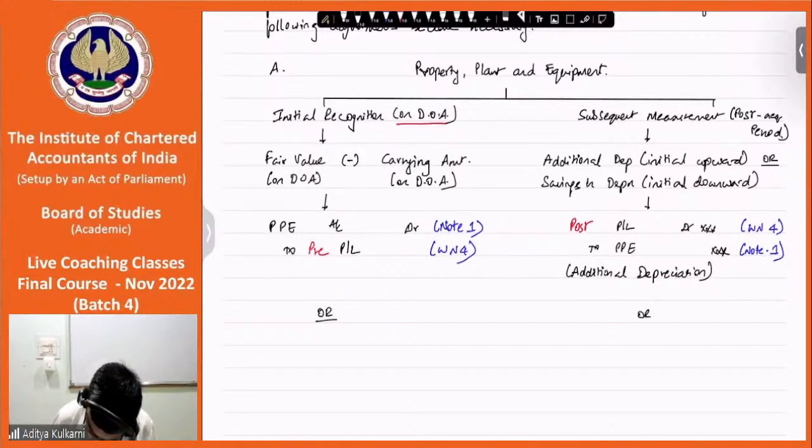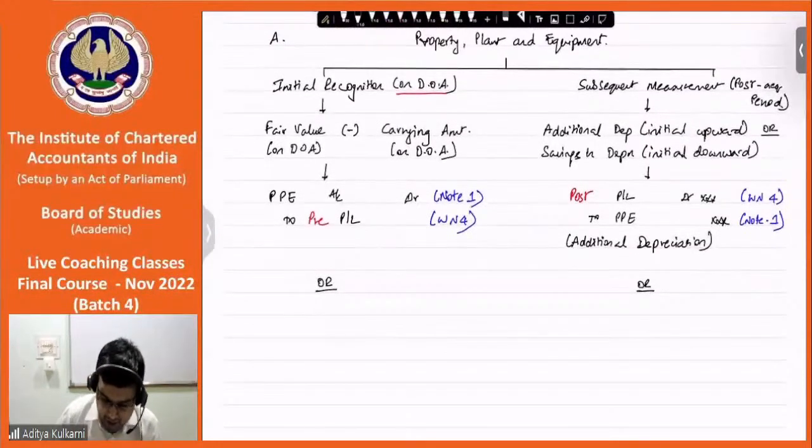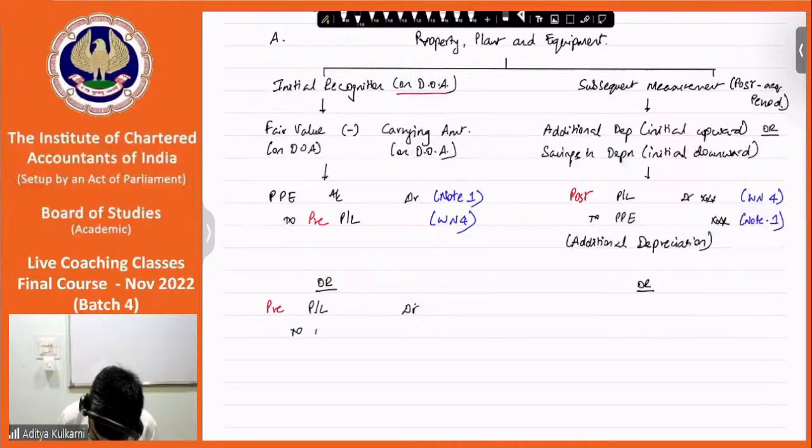If I talk about downward, it will look something like this. Value goes down, it is a loss. So pre P&L account debit to property, plant and equipment.